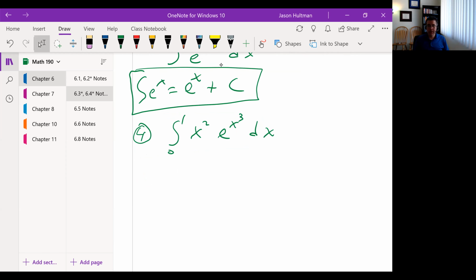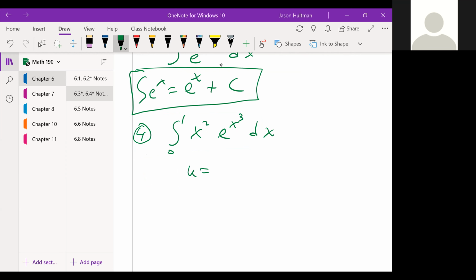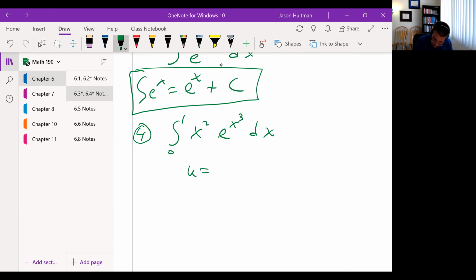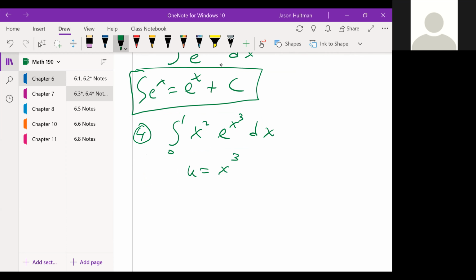We could do integration by parts, but you guys don't know that yet, so don't do that. So what's going to be my u in this case? X to the power of 3. Yes, absolutely. Thank you. X to the third power is going to be my u.